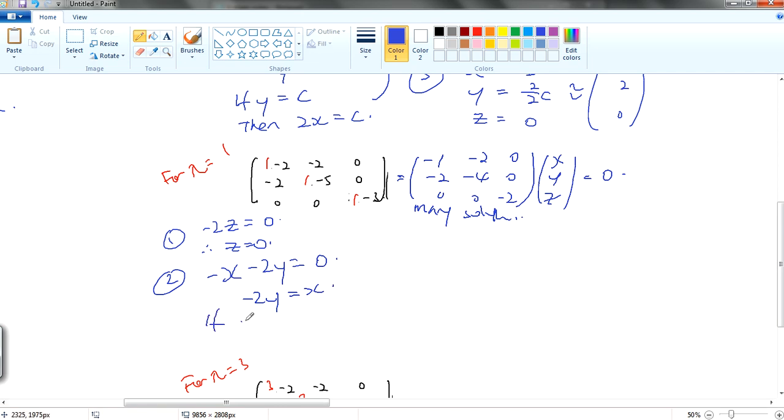So if x equals 0, no, if x equals c, any constant c, then minus 2y equals c, right? Since minus 2y equals x. And then therefore y equals minus half c.